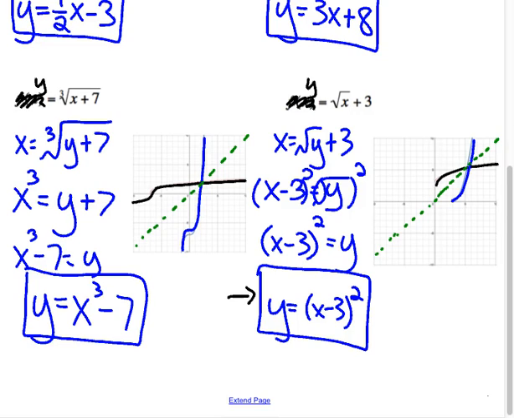So note, even after we find the inverse, it's not the full parabola, it's only the parabola piece when x is greater than or equal to 3. So just something very interesting I want you to note, that when you have domain restrictions in the original function, those domain restrictions still end up applying when you find the inverse, okay? So just a little fun fact for you to be careful of.